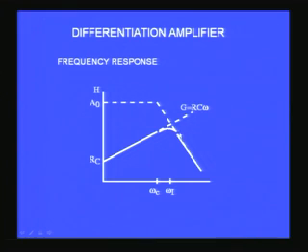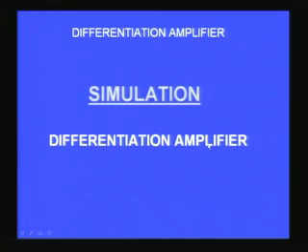Both of them give me a resultant which is shown by the solid curve here. Therefore, we also saw that it is going to be a high pass filter, and that is also seen from the frequency response curve.